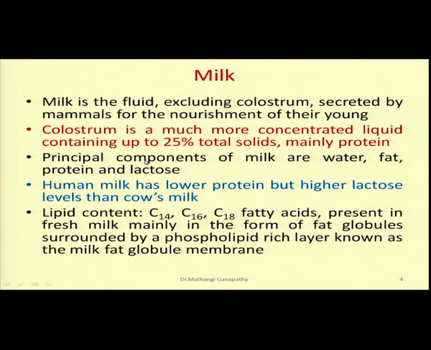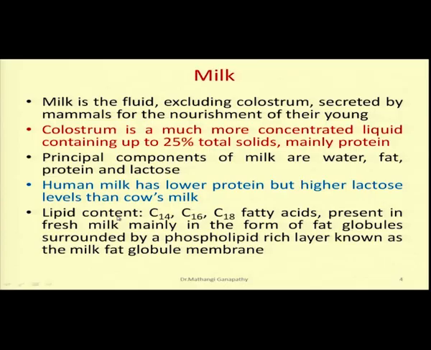So, the principal components of milk are water, fat, protein and lactose. Human milk has lower protein but higher lactose content than cow's milk. Now, depending upon the category of mammal which we talk about, the protein and lactose levels will change. It depends upon the species we are talking about.